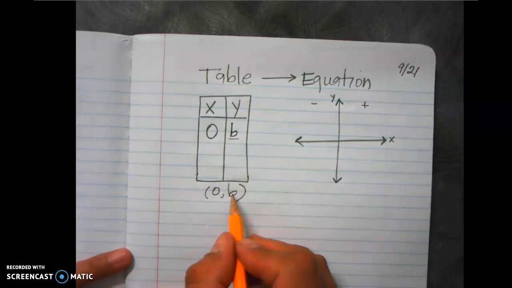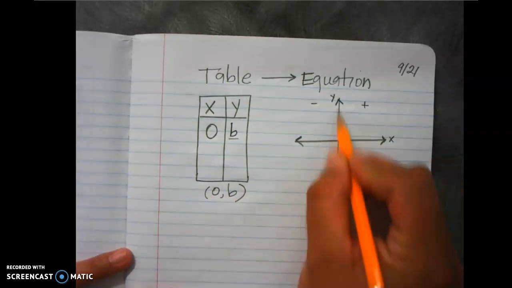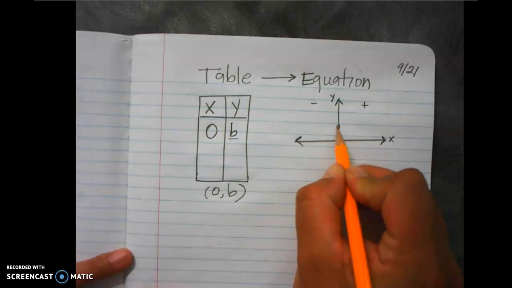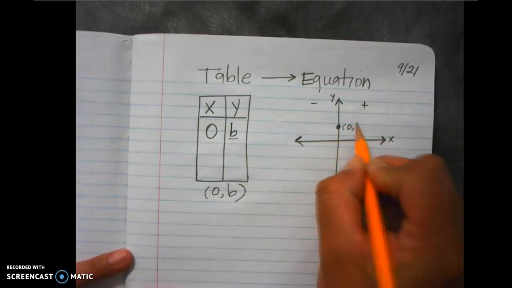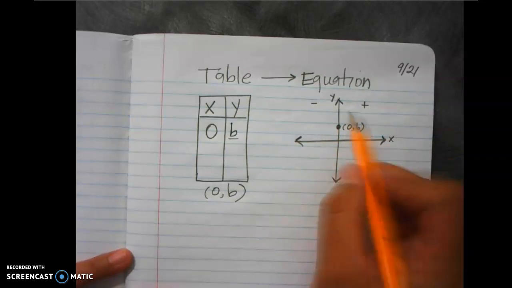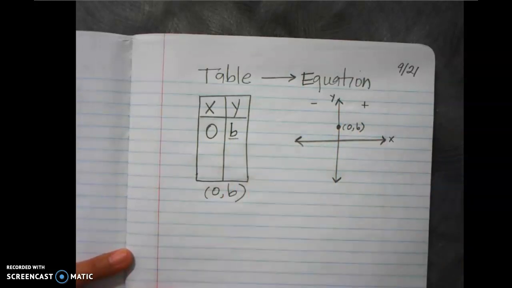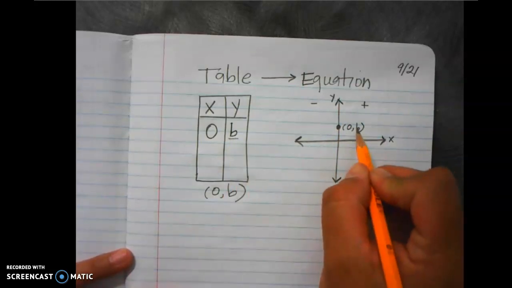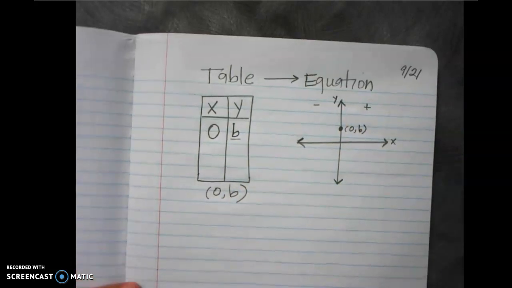So if I go plot that on my graph, y-axis, I'm going to put my b on there. We're going to label that point 0, comma, b. And I went up to the positive side because I didn't put a negative b, right? It's just a regular b, so I'm going to say it's a positive b, somewhere in my positive y.